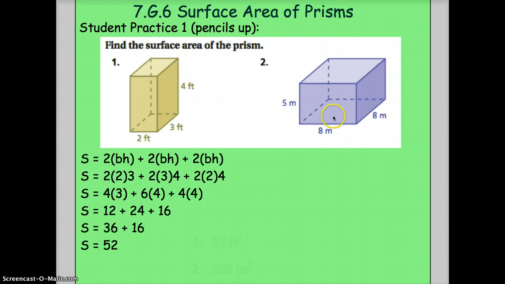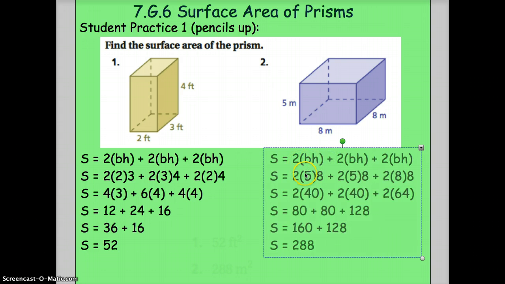Taking a look at our other rectangular prism, I can choose my base, which in this case I chose to be the 5 by 8, so this side piece here. Notice I chose that because I want you to remember that the base does not have to mean bottom. So this could be the base right here, 5 by 8, and then the back piece 5 by 8 there as well.